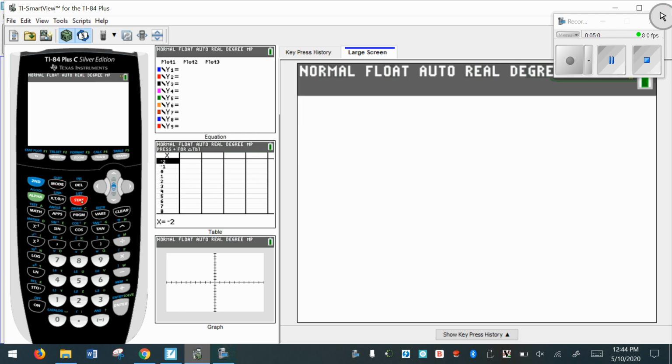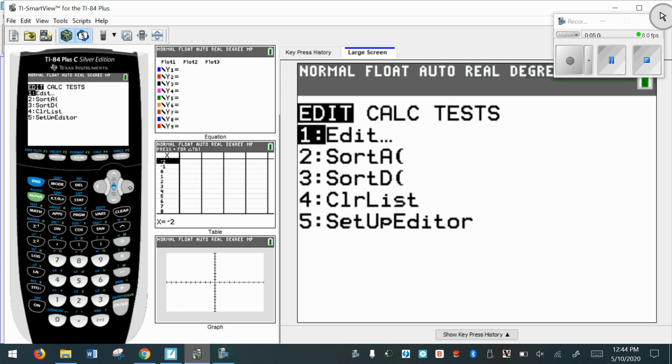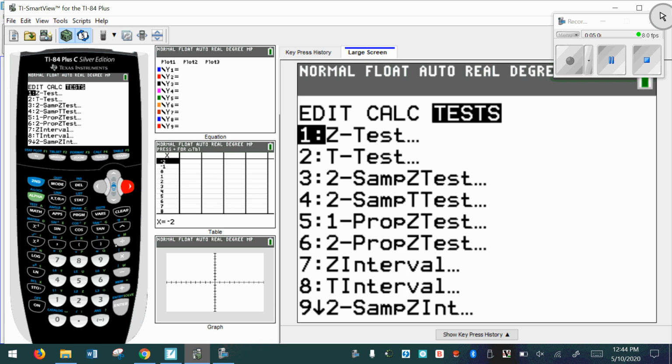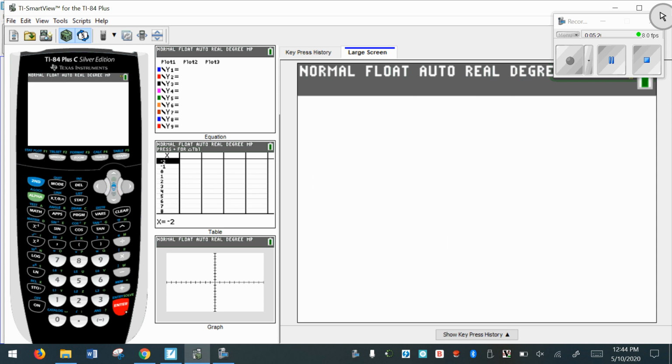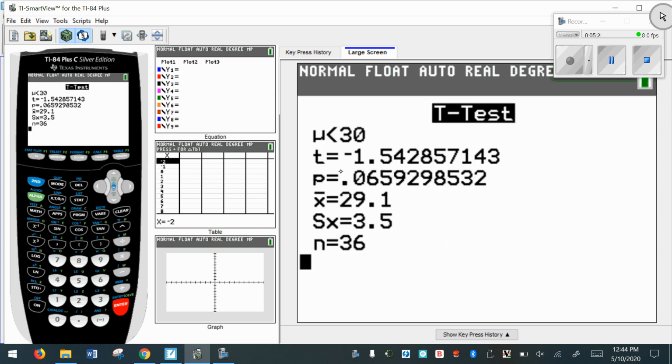You want to go into stats, cursor over to tests, go to T-Test number 2, make sure you're on stats, enter your information correctly with your H sub A, and then eventually go down to calculate. Because what you're interested in is the p-value.